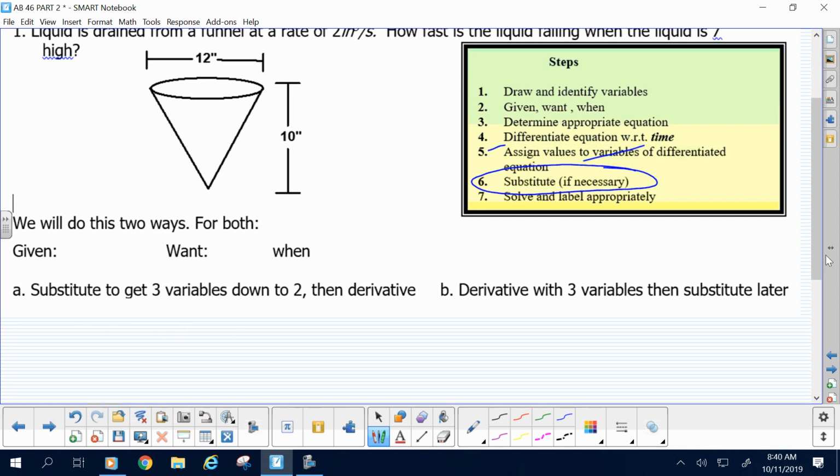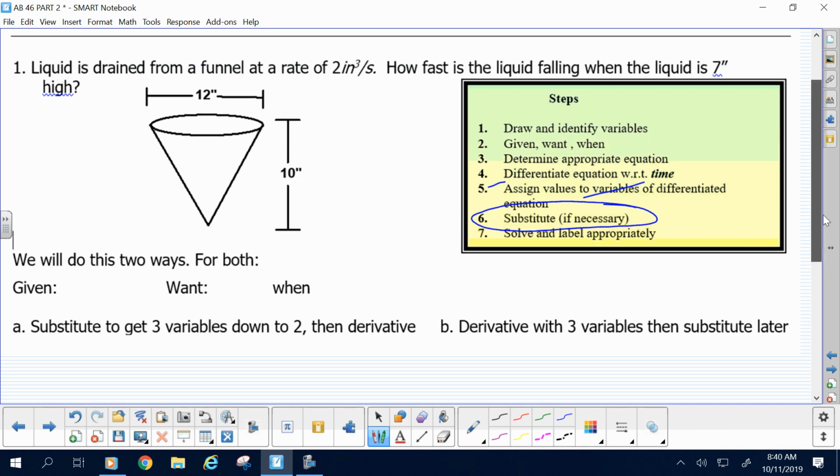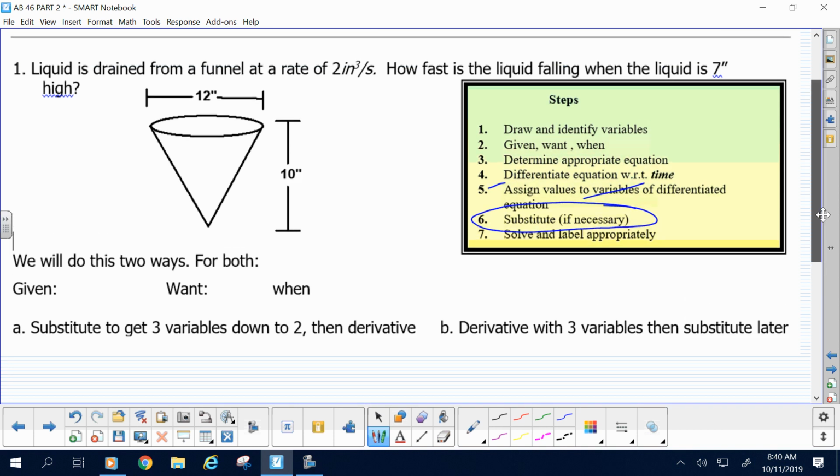What is being given? Okay, you're given the picture. I don't require that you state the picture stuff, though the diameter is 12 and the height is 10. Now keep in mind, that's of the cup itself, not of the fluid within.